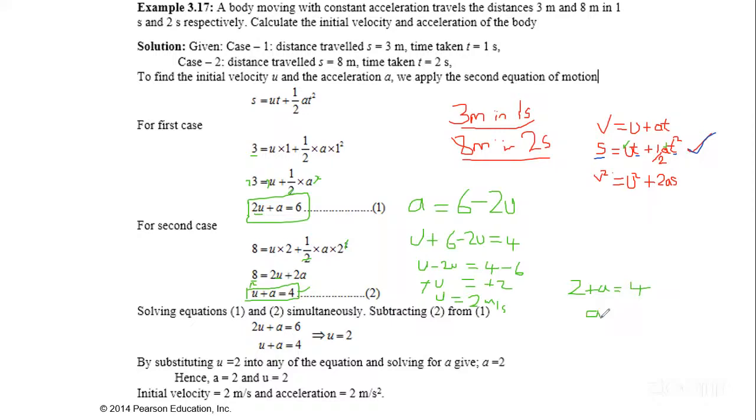So a becomes 4 minus 2, which is equal to 2 meters per second squared. So my acceleration is 2 meters per second squared, and my initial velocity is 2 meters per second. So that is how to solve a problem like this.